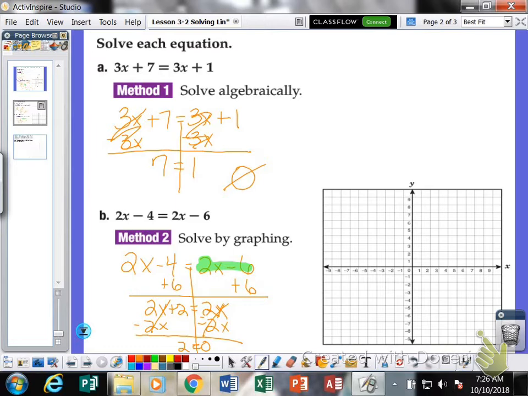But what this is saying is that the function is 2. So right here at 2, we would have a horizontal line going that way. Notice that the horizontal line never touches the x-axis, which means it's parallel to the x-axis, and you will never get a solution because it does not cross the x-axis.